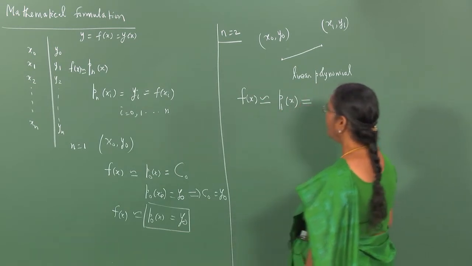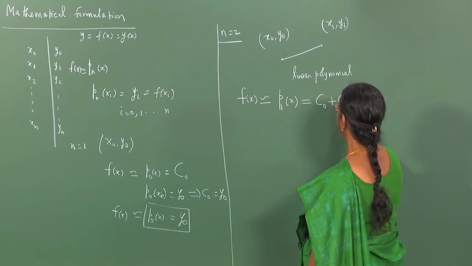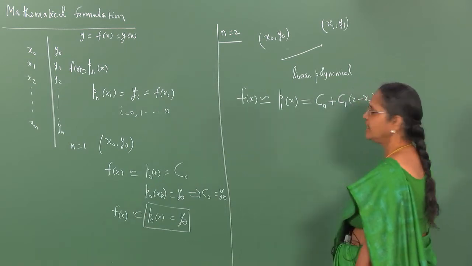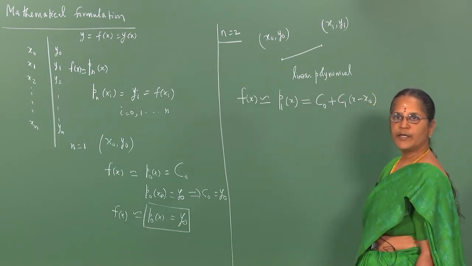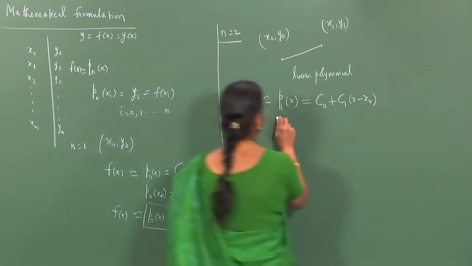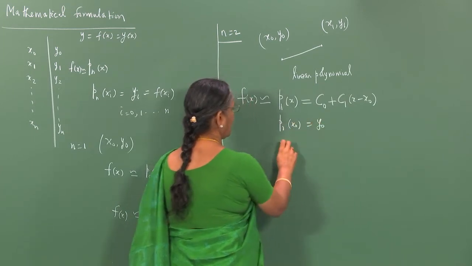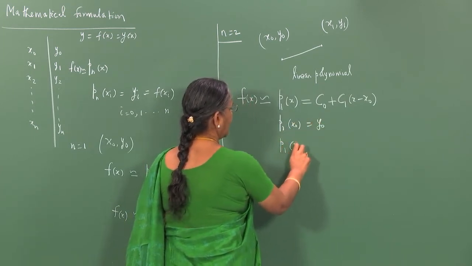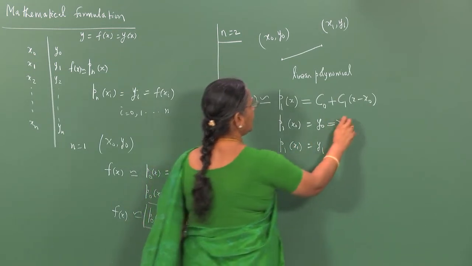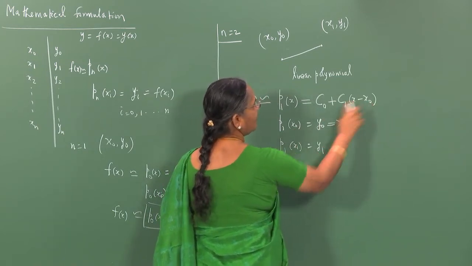So, let us write down this polynomial. I shall take this polynomial as c0 plus c1 into x minus x0. It is a linear polynomial. What should be the property that should be satisfied by this polynomial? It is such that p1 at x0 must be y0 and p1 at x1 must be y1. So, this gives you that at x0, this factor will vanish.